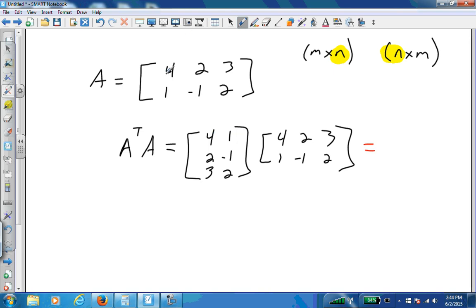Or, let's see, we're doing the transpose first. So we're doing 3 by 2 times 2 by 3. We're going to end up with a 3 by 3.